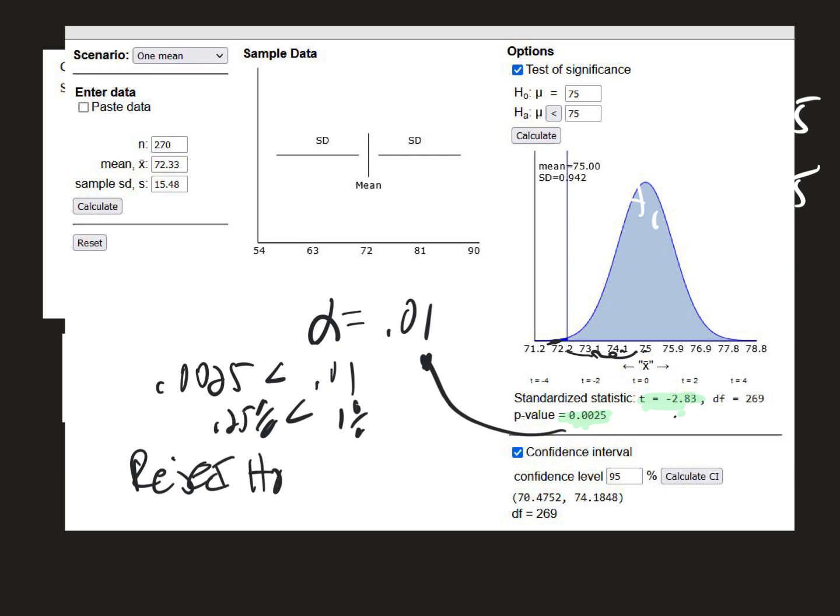Nice if I could spell. And then we're going to put it in context. So I made H0 the claim. So again, null hypothesis: we reject the null hypothesis. We're going to say there's enough data to justify the rejection of the claim that the average amount of tips per employee per day is $75.